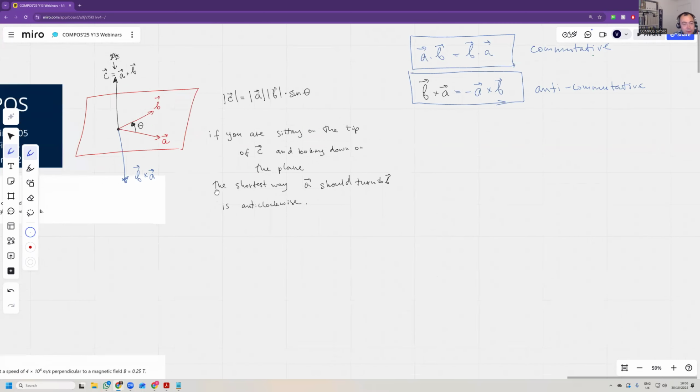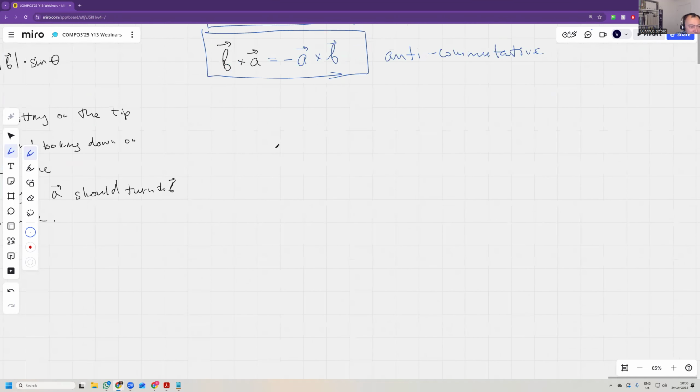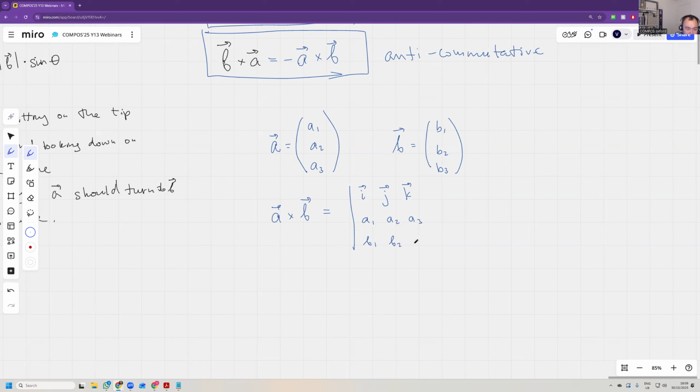The easiest way to find the cross product of two vectors, if you have vector A with coordinates A1, A2, A3, and you have vector B with coordinates B1, B2, B3, then the cross product of A times B is the determinant of the matrix I, J, K, A1, A2, A3, B1, B2, B3.